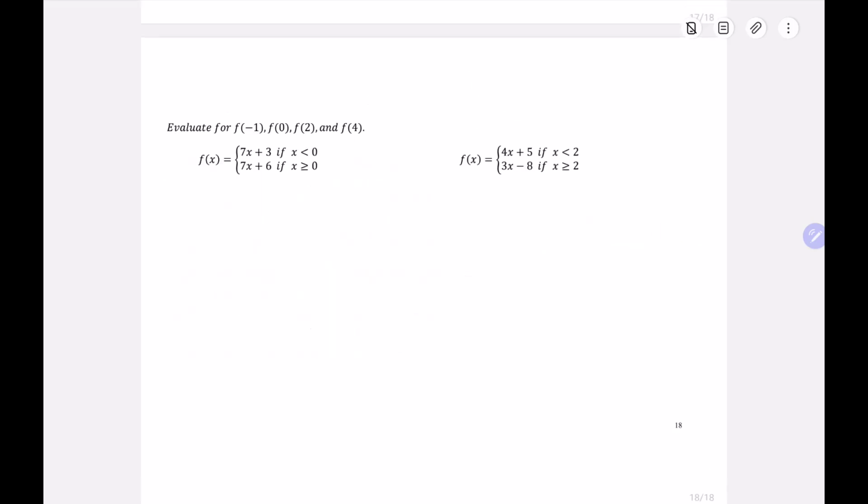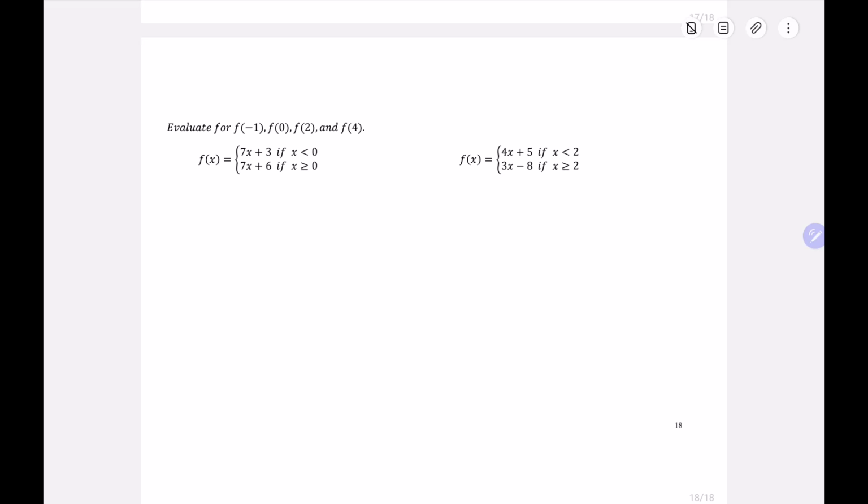So now we want to evaluate for f of -1, f of 0, f of 2, and f of 4. And so for the first one, we have that f of x is equal to, in our piecewise function, 7x plus 3 and 7x plus 6.